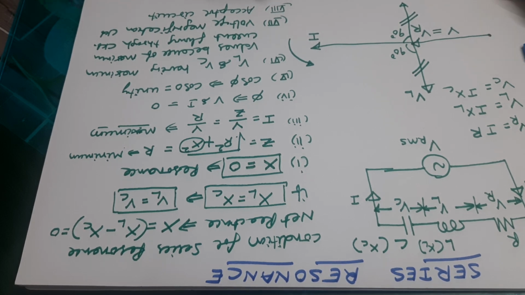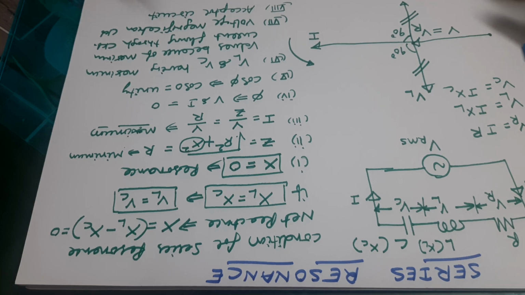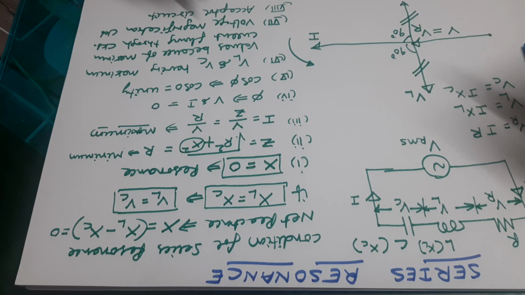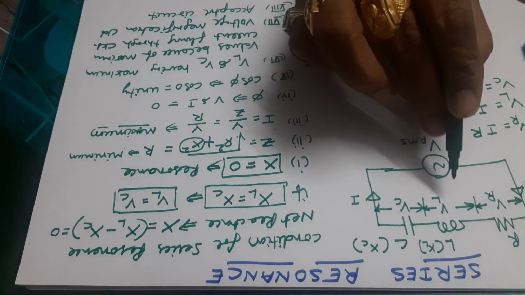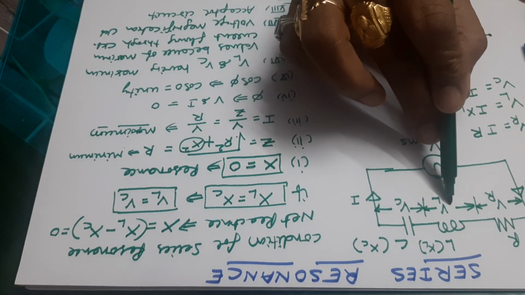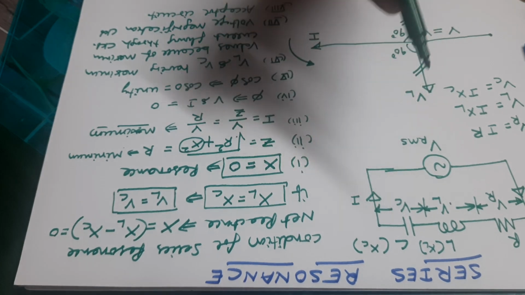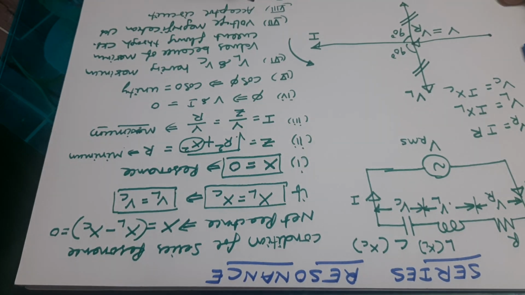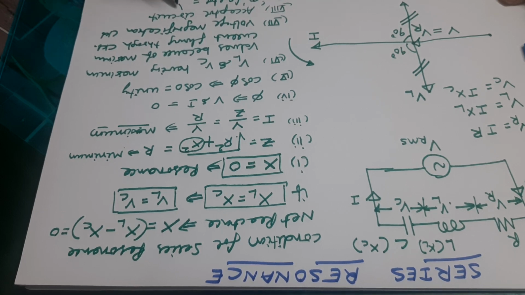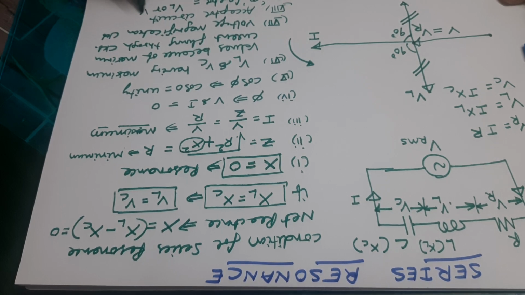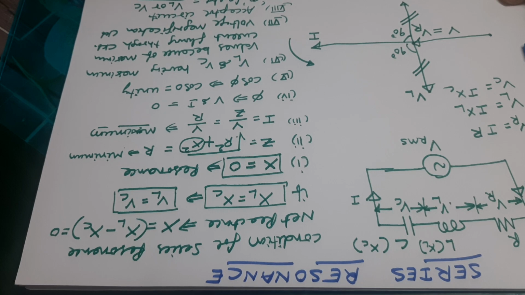Another point regarding this series resonance circuit is that we can find out the factor of how many times the voltage across inductance or capacitance is more than the applied voltage, and that factor is said to be the Q factor. The Q factor can be determined by taking the ratio of voltage across inductance or voltage across capacitance to the applied voltage.